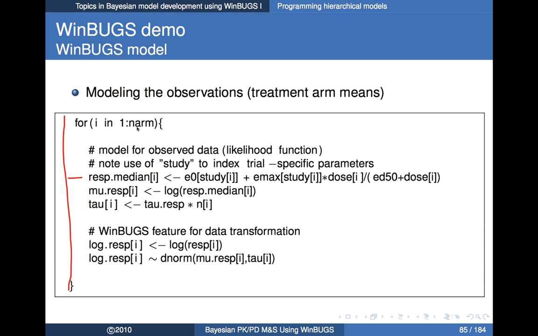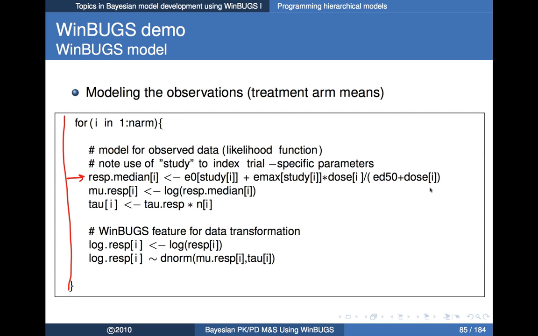Anyway, so the I now represents an arm. So the expected value, or the mean for our response, actually it's the mean for the log of the response in this case. No, I'm sorry, it's actually the median for the response here. So we've got our Emax function, pretty much what you'd expect: E0 plus Emax times dose over ED50 plus dose.